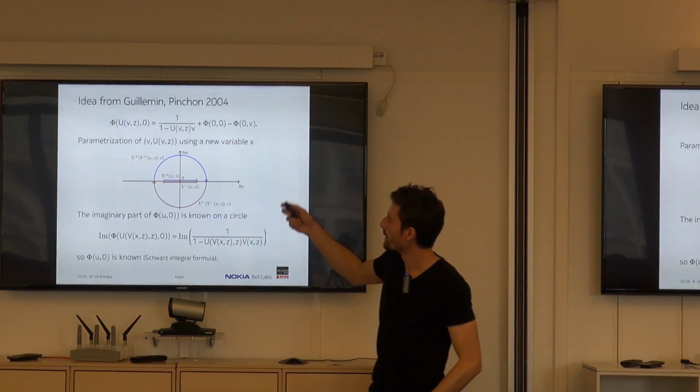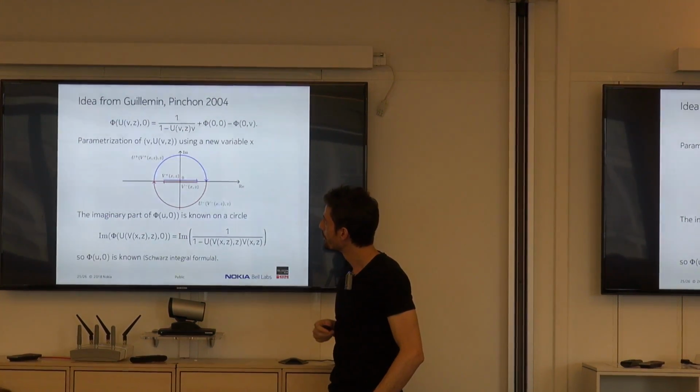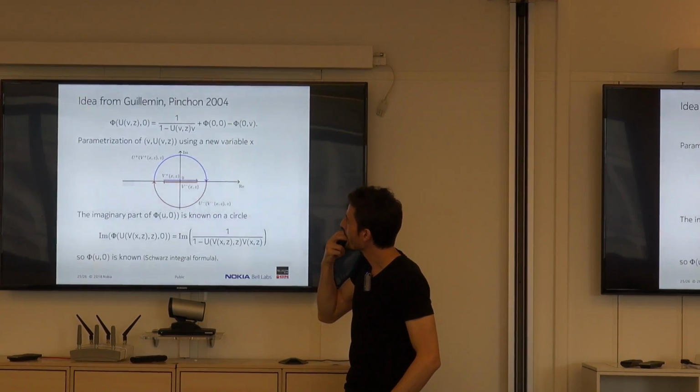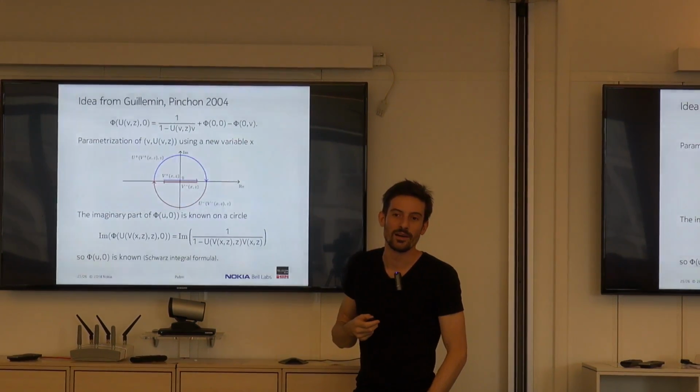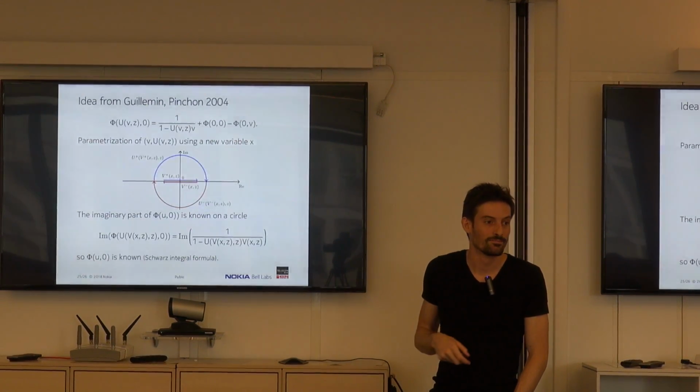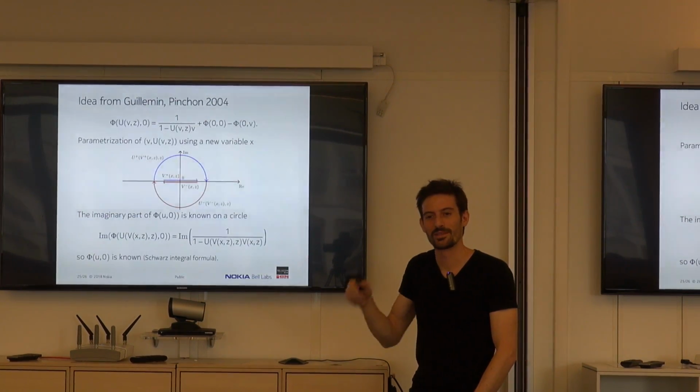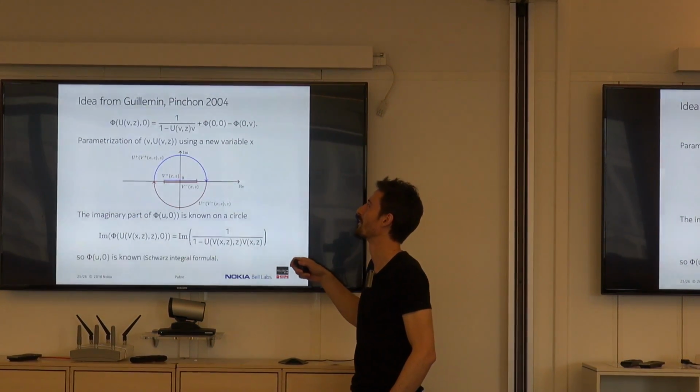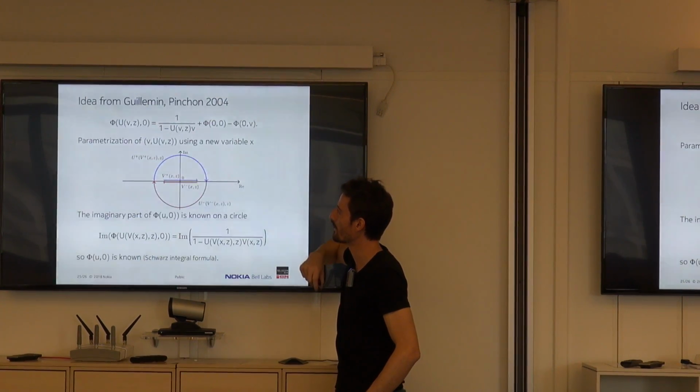And this is where we apply an idea from Guillemin and Pichon. We are going to play a bit in the complex plane. So I'm not going to give a lot of details here because we don't have a lot of time. So this is the equation we start with.